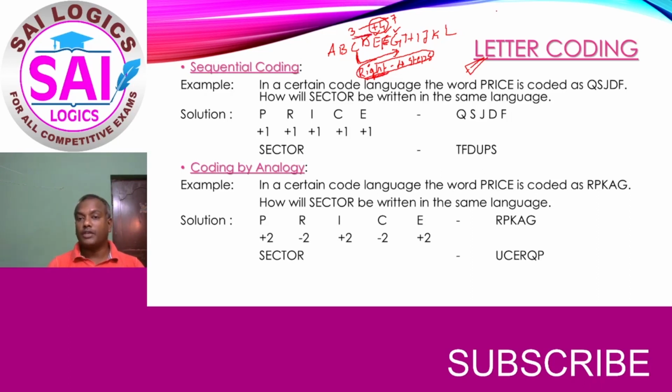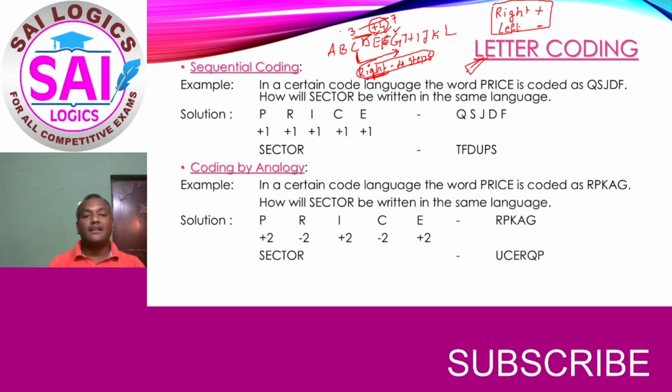That means we need to understand that when the alphabet is moved towards right, value will get increased. When the alphabet is moved towards left, automatically the value will get reduced. So this is applicable for each and every chapter. One has to remember, if the question is towards right, answer is increased. If the question is towards left, answer will be decreased.